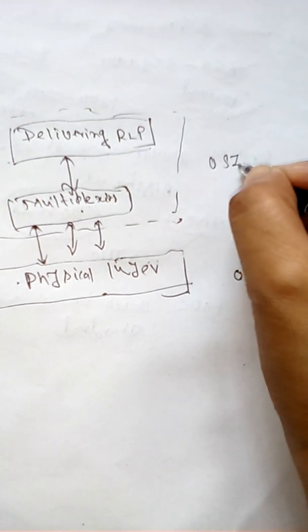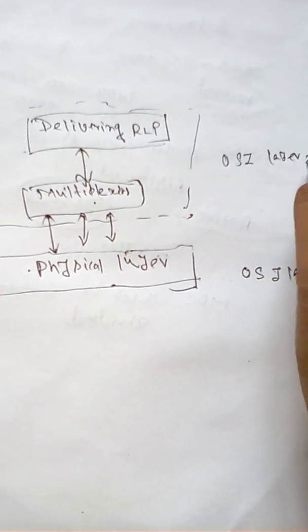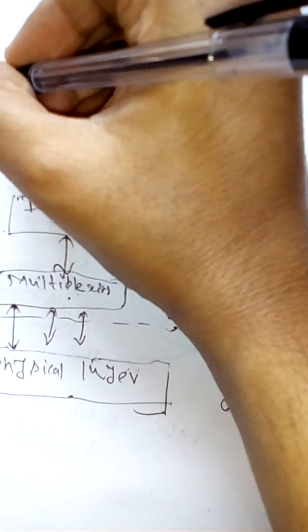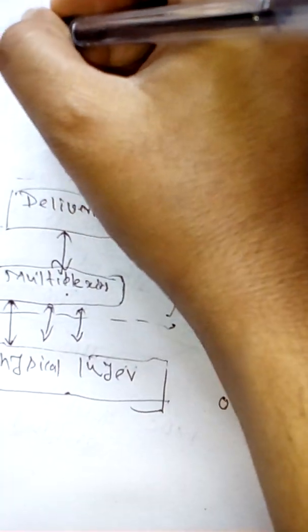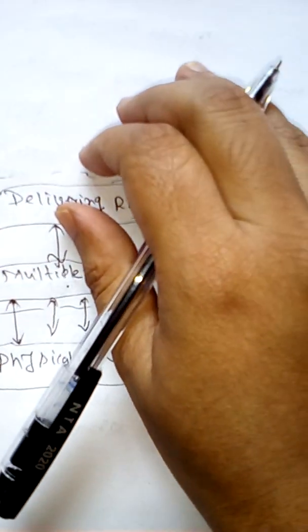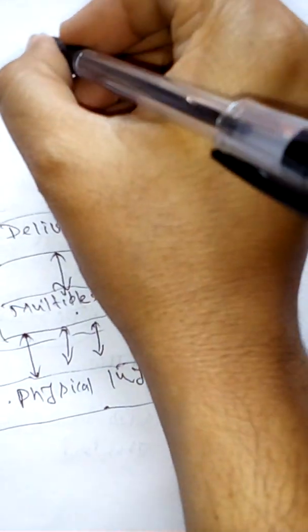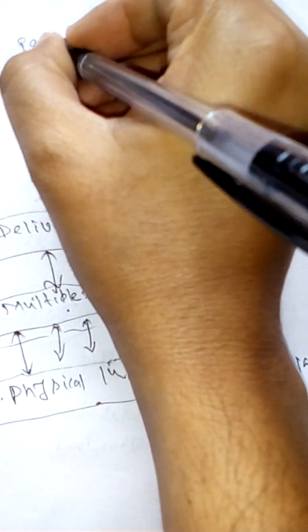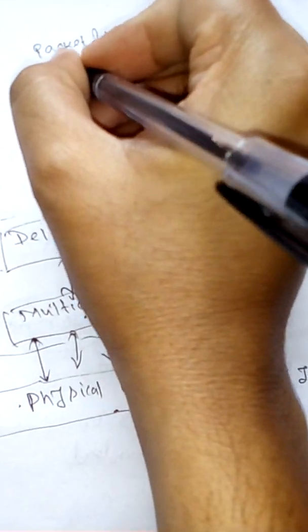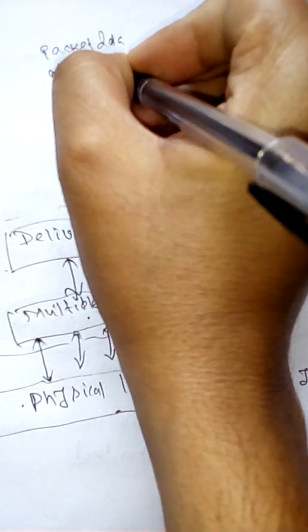This is OSI layer 2, and here we get packet data application, OSI levels 3 to 7.